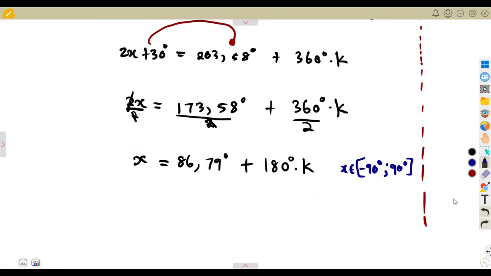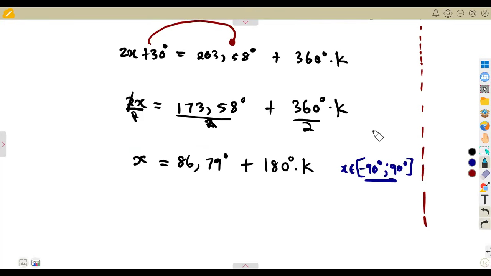So how do we move from there to the exact solution that is within? Because it carries infinite solutions from minus infinity up to positive infinity. So we need exact ones which are within the interval that we are given. So since this is an integer, I just have to try my values for k, because k is an integer.